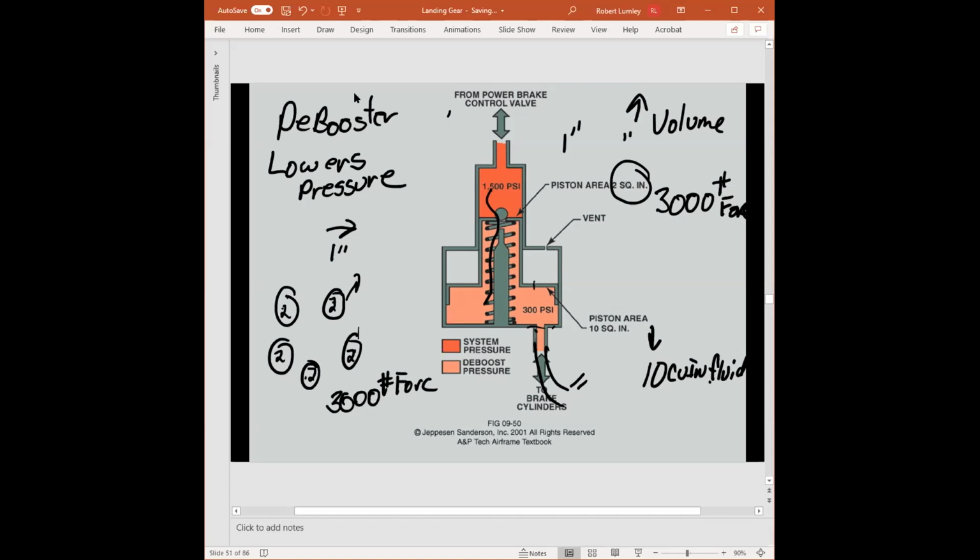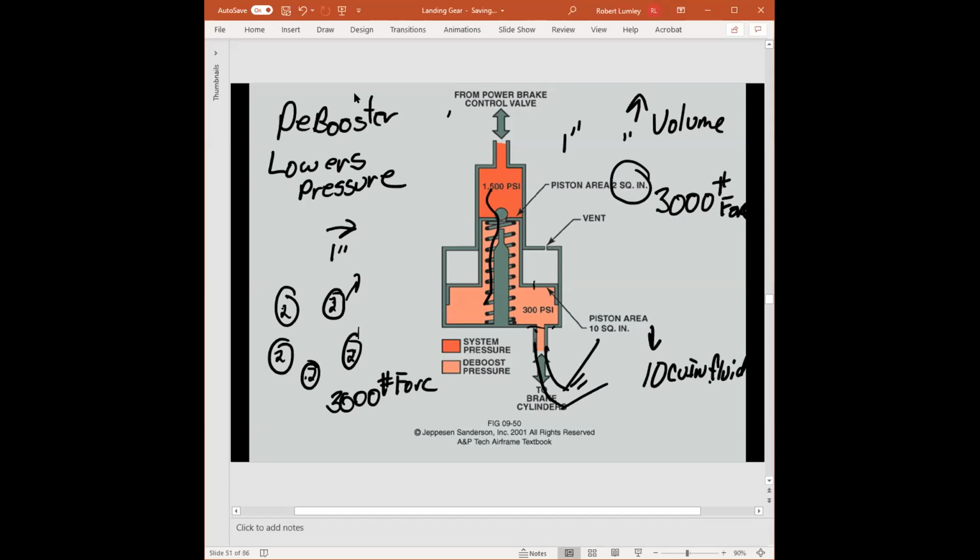Okay. Now, this is what's known as a standard debooster, but they realized there's a problem with it. Let's say this brake line totally ruptures and the pilot's applying the brakes. Guess what?